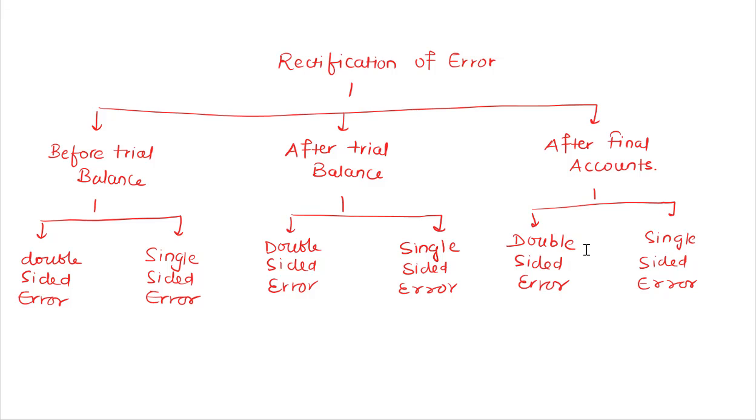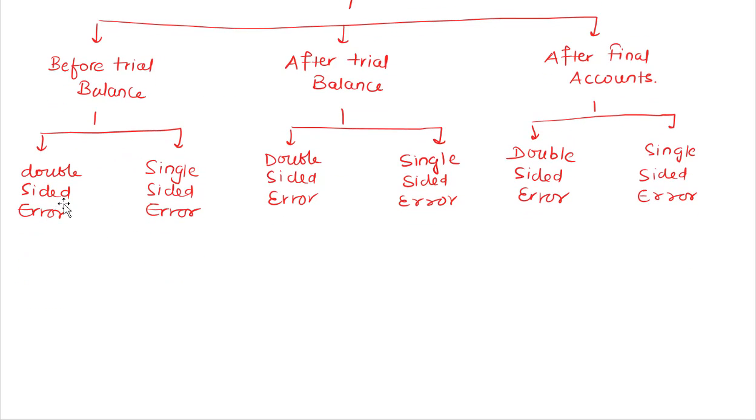We should understand one thing over here, that double-sided error is quite easy to rectify. Why? Because there is no need of opening a suspense account in a double-sided error. But if I talk about single-sided error, where the error is on only one side, we need to rectify by opening an error account, that is wrong posting.